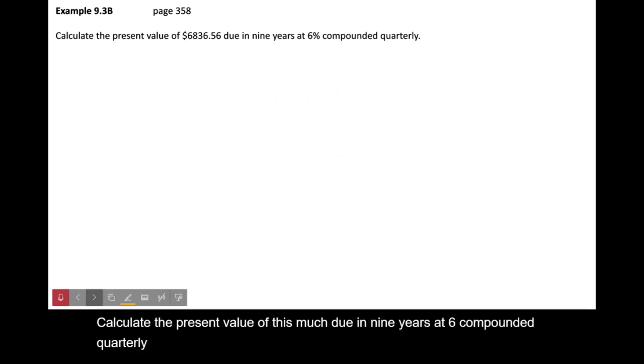Calculate the present value of this much due in 9 years at 6% compounded quarterly. Okay, guys, take a minute and do it.